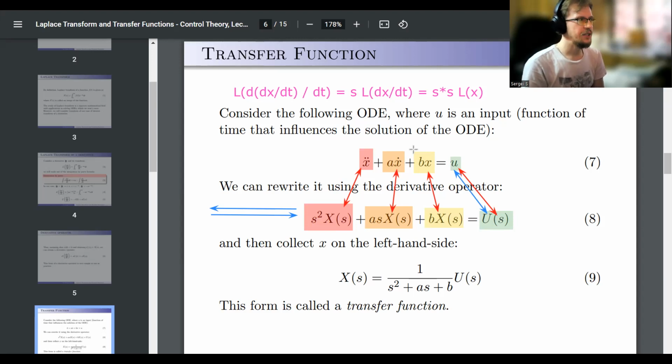But historically, this is how things were done, and that is why Laplace transform, even now, is often taught as a how-to-solve-differential-equations kind of tool. And there's nothing bad in knowing how to use it for solving differential equations. It is just not something we do in control. Good.